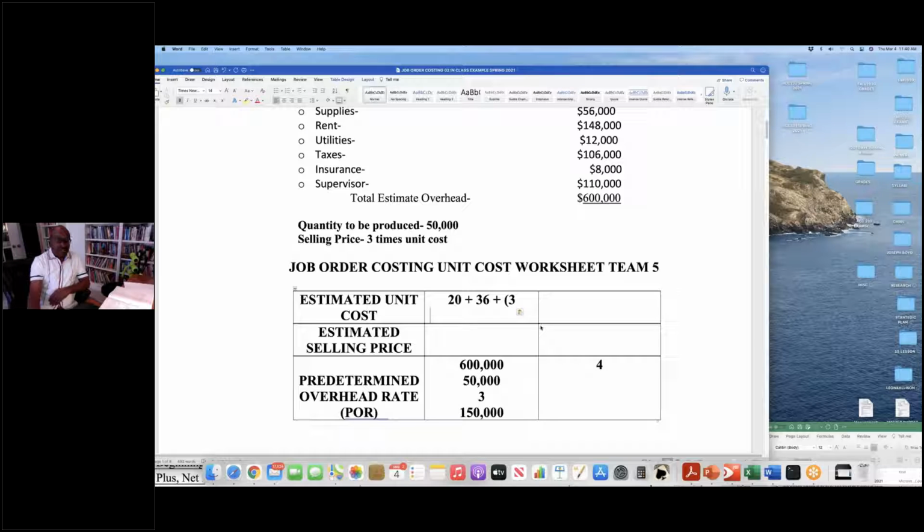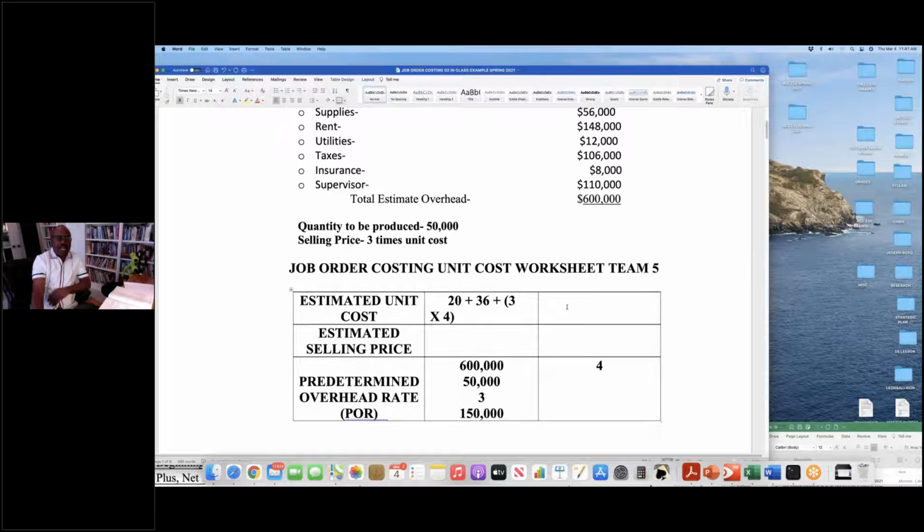Then we're gonna put in a times sign. What else am I gonna copy in here and put in that parentheses? POR. It was just 12. 3 times the POR 4 is 12, and add that up together, it'll come out to 68, I think.